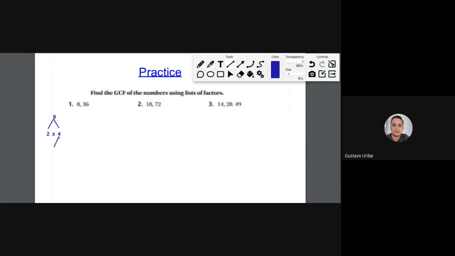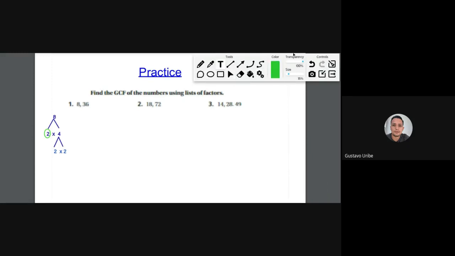Now, I still have to branch out here because 4 is a composite number. Well, 2 over here is prime. So since this one is done, it's not going to have any more branches, I'm going to circle it. And now for 4, I have 2 times 2.